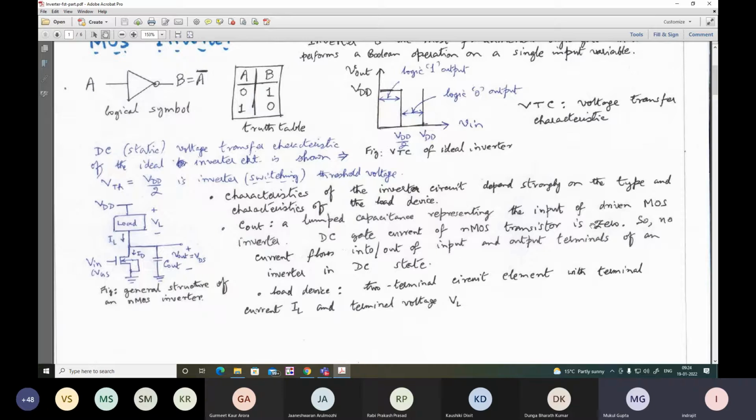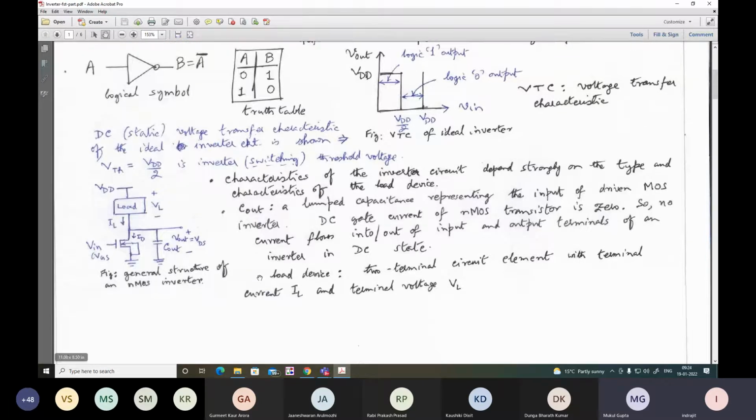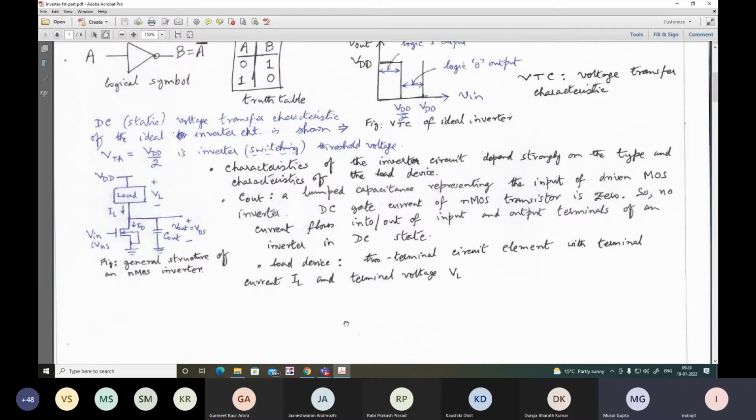And the DC gate current of the NMOS transistor is taken to be 0. So for all practical purposes, the input current and DC current are taken to be negligible. The load device will be a two-terminal circuit element with terminal current IL and terminal voltage VL. This load can be of various kinds.